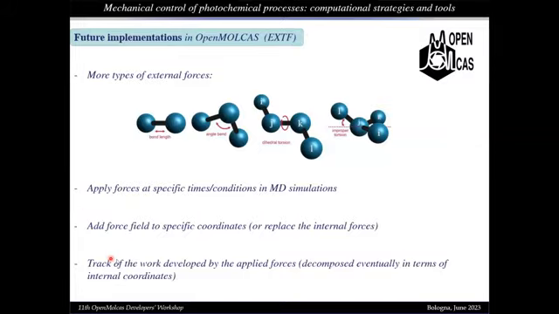And also an important thing is to track the work developed by the applied force in given coordinates. So this can provide us important information on the work that is applied to the system and how this work is affecting the photoreactivity of the system.